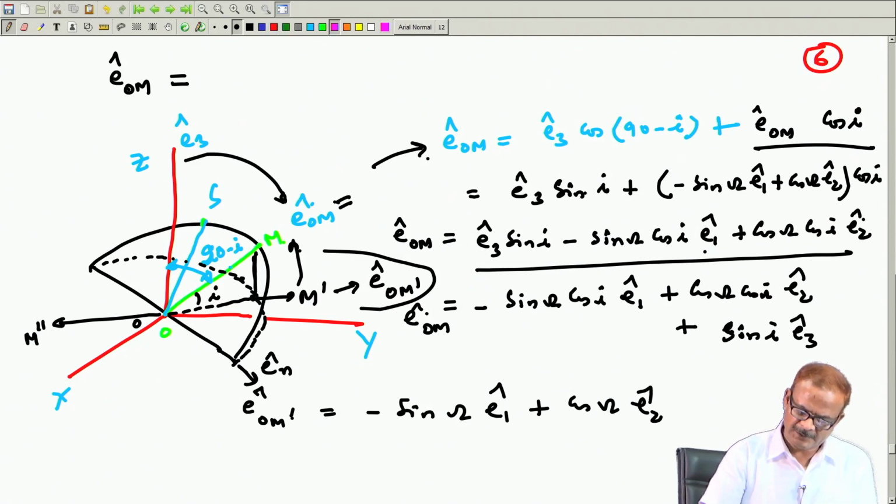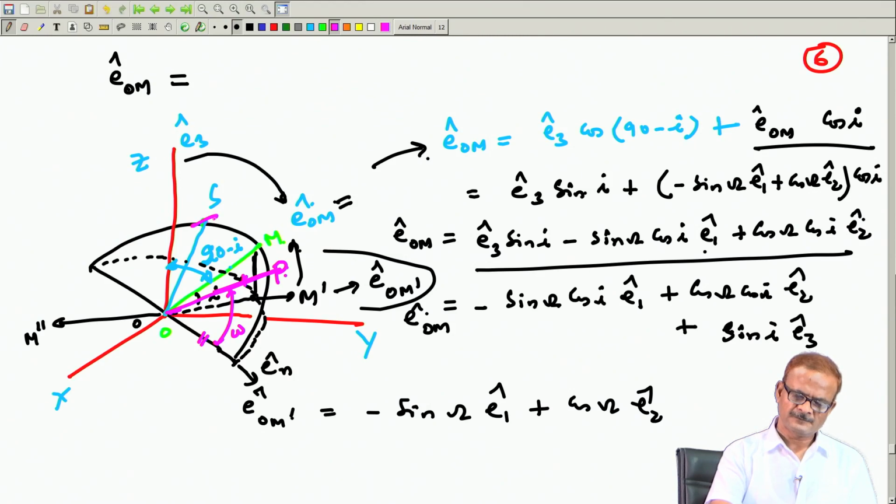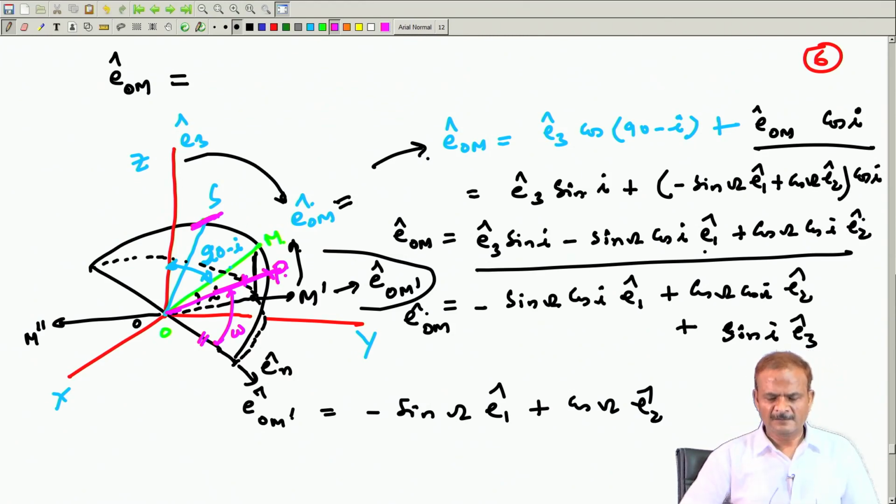I will do it in pink. Let us say this is the perigee direction, P. The angle from here to here will be small omega. Finding the angle omega directly between these two vectors is much superior. And thereafter, the angle between P and S gives the angle theta.